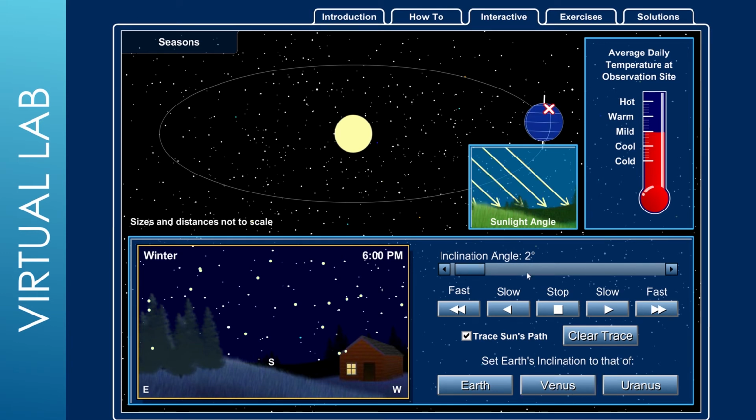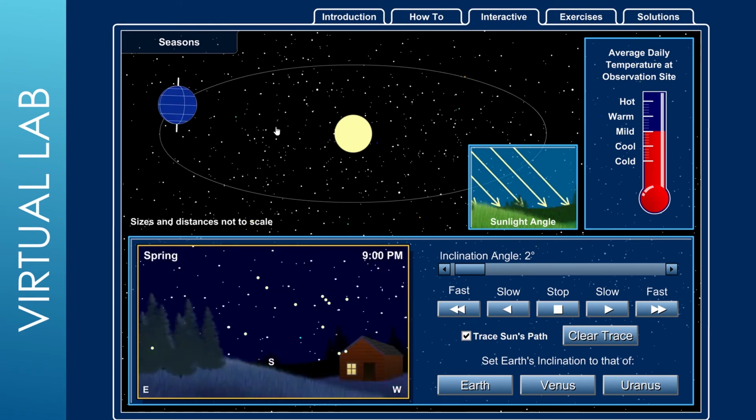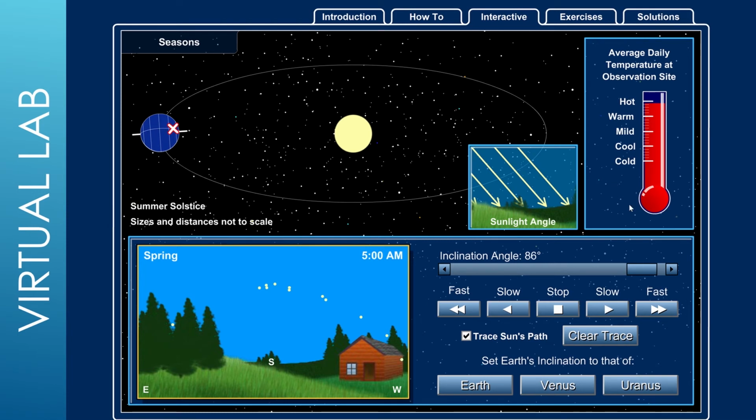Now planets like Venus, which has a 2-degree tilt, have basically the same temperature all year round. So it's not having a lot of change. But other planets like Uranus, which is actually on its side, almost 90 degrees at 86, let's take a look at what that looks like.